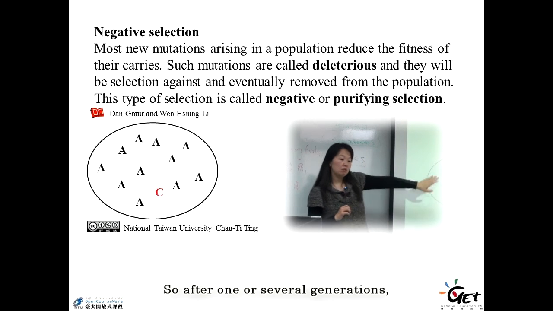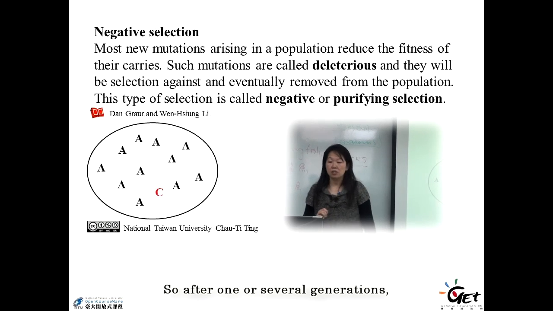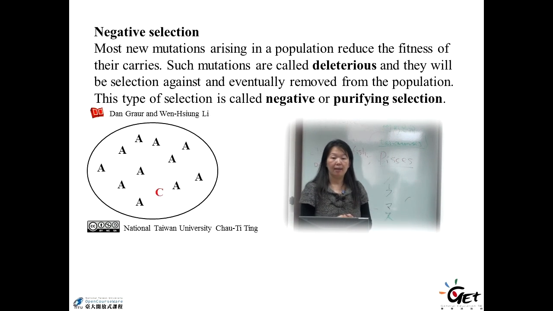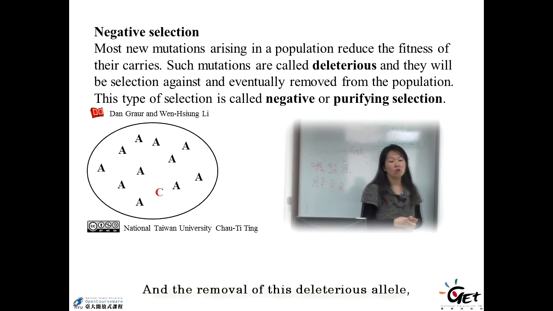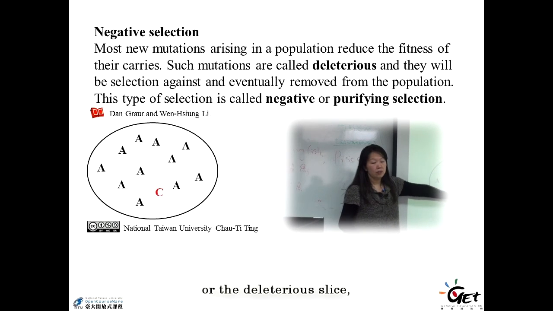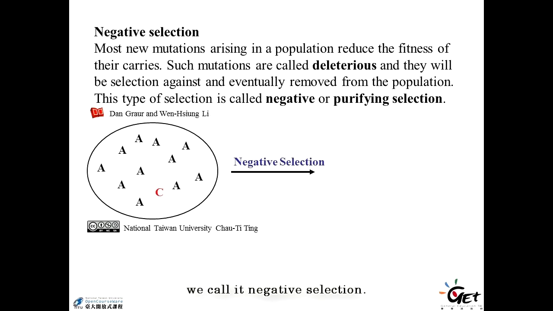So after one or several generations, the population goes back to monomorphic A. And the removal of this deleterious allele or deleterious site, we call negative selection.